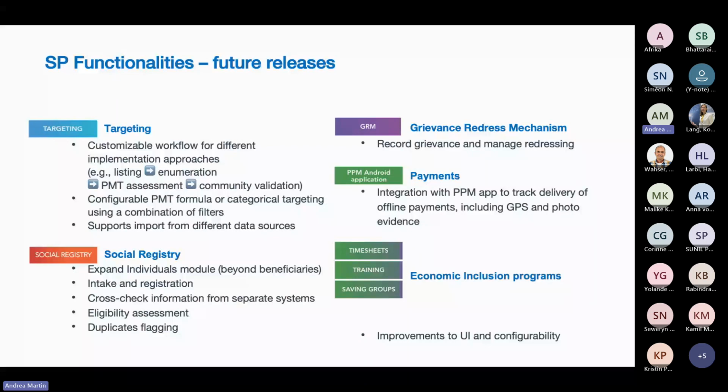The grievance redress mechanism is a way to record feedback or grievances from beneficiaries or the public in general, analyze them, and address them, and then inform people about the resolution.